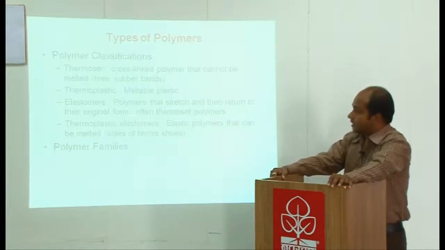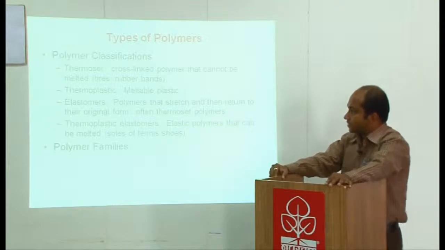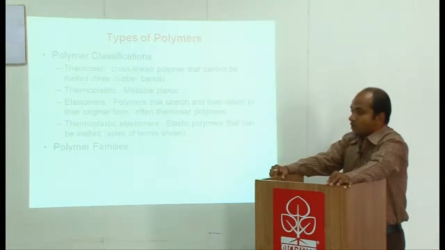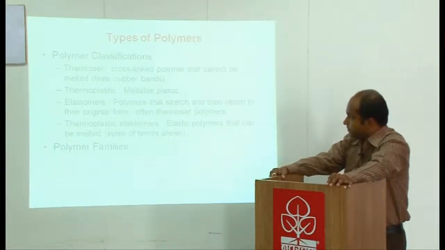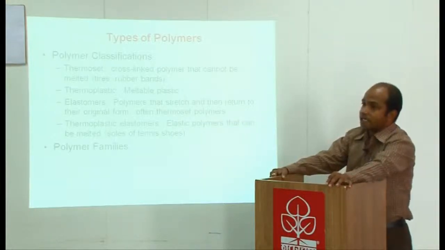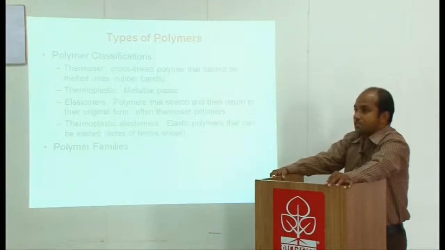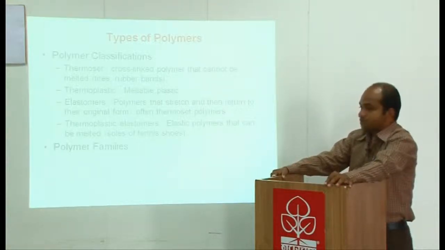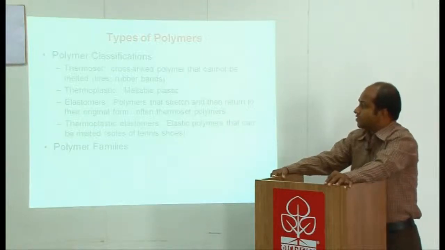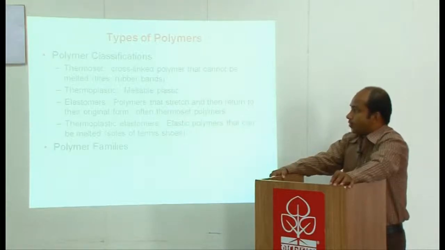There is another class, elastomers. The term itself defines it: it has some sort of elasticity. In this type of polymer, the polymers can stretch and then return to their original form. So there is a change in shape and dimensions, but upon release of the stress, there is a regain of the original form of the polymer.